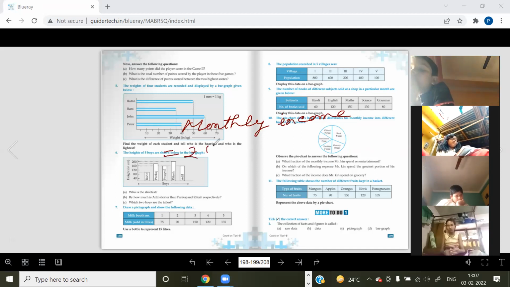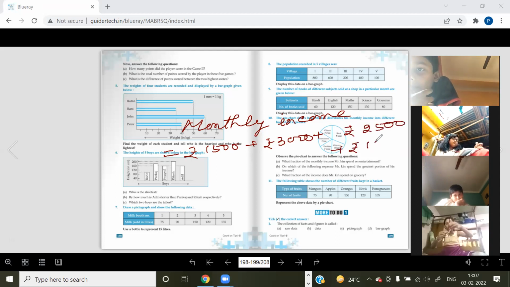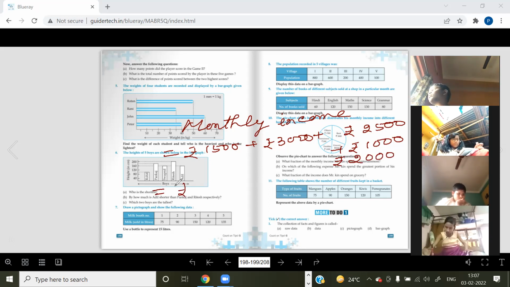Rupees 3,000, then rupees 2,500, then rupees 1,000, then 2,000. Total 10,000. So the monthly income is 10,000.